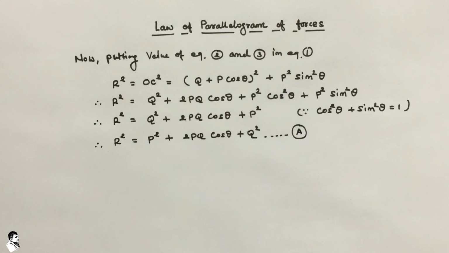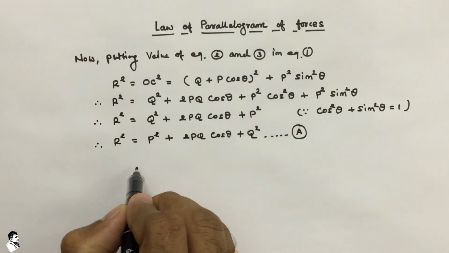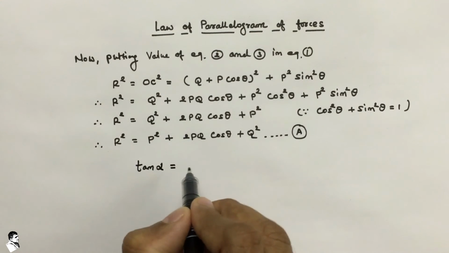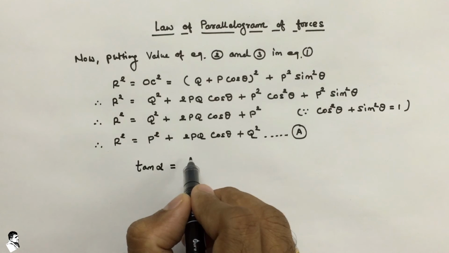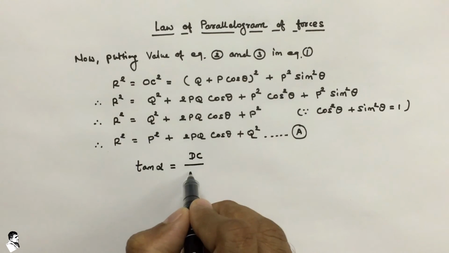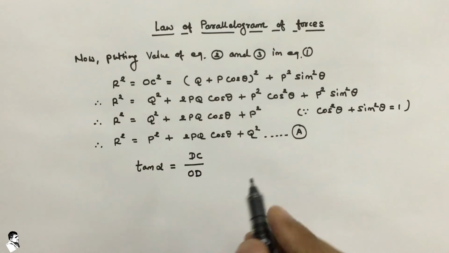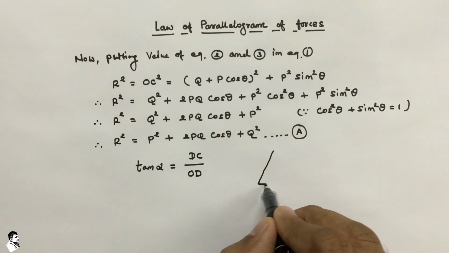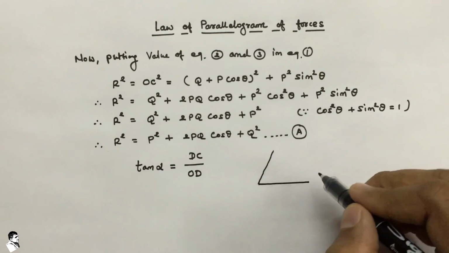Now for the angle, we write tan alpha. From the parallelogram, that will be DC by OD. If you do not remember, I will draw the parallelogram again.